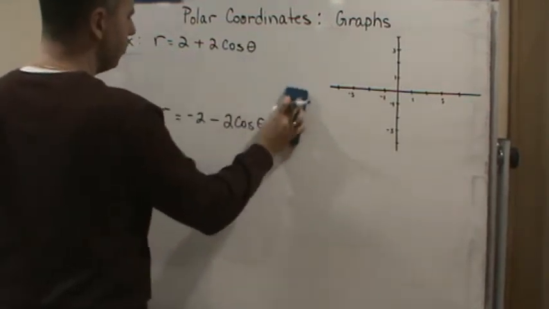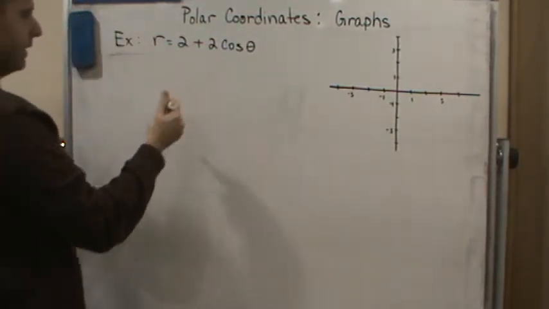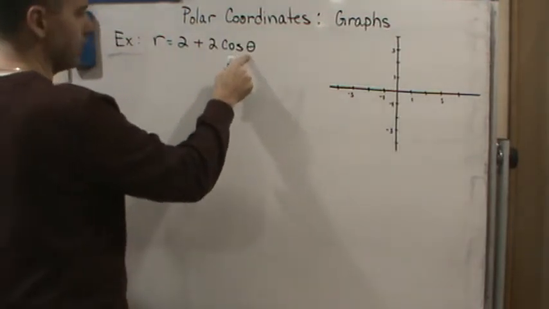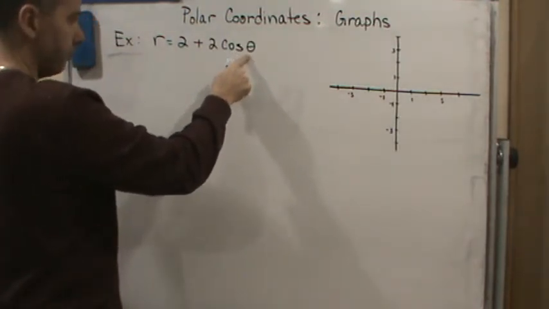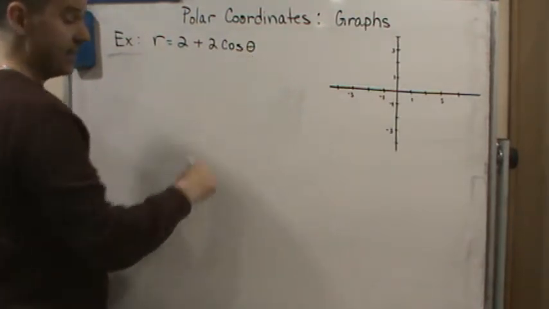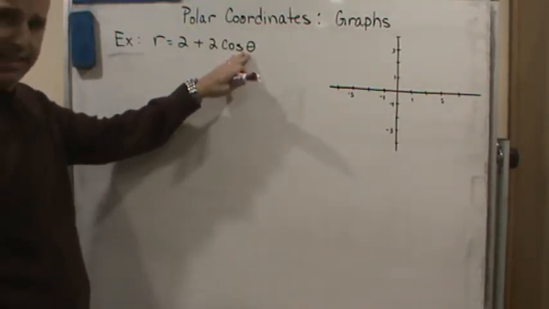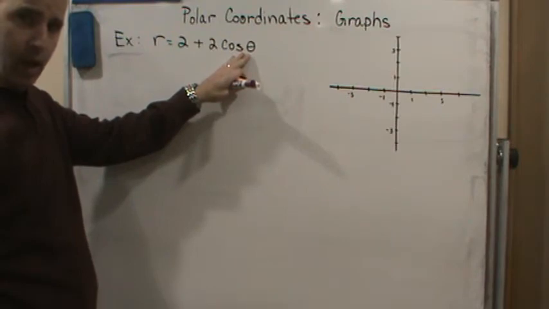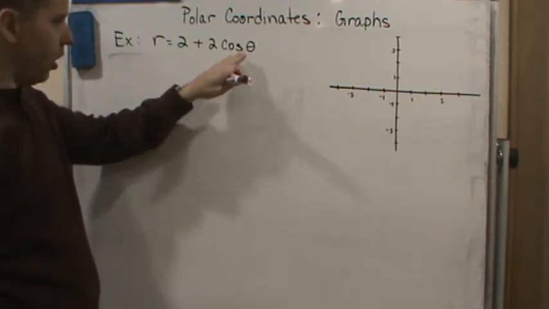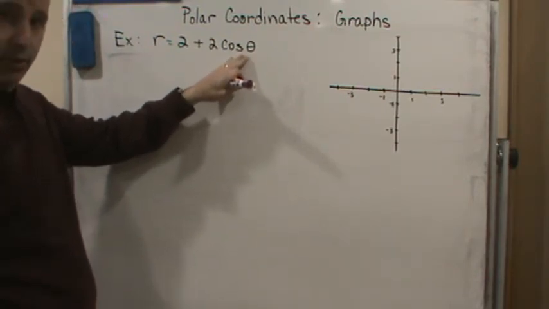So now let's do the polar axis. Well, that means all we have to do is replace this. And the more you do these, you start to realize that, since cosine is an even function, this is always going to be symmetric with respect to the polar axis, right?